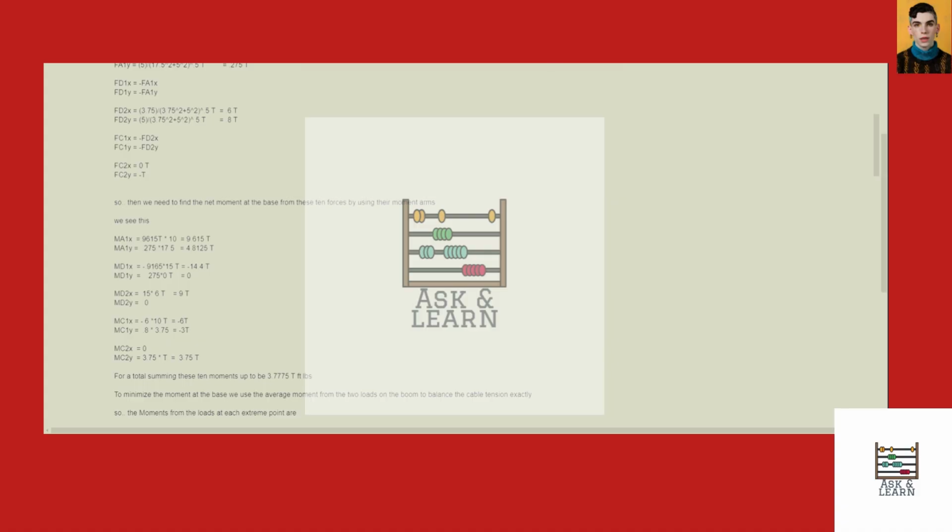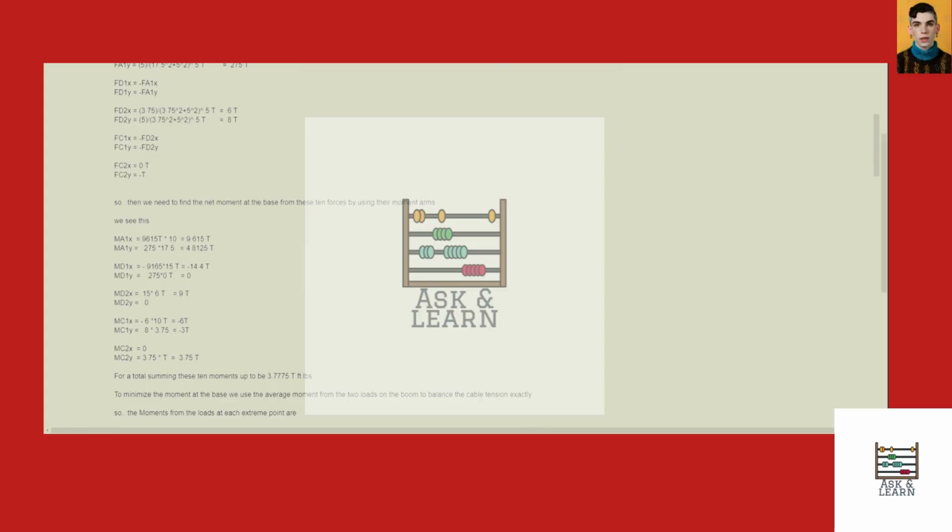The moment from point D acting in the X direction is 0.9615 times 15, which is negative 14.4 T. The force at D in the Y direction, cable 1, is 0.275 T, which gives 0 moment, because it's all acting straight downward through the base.